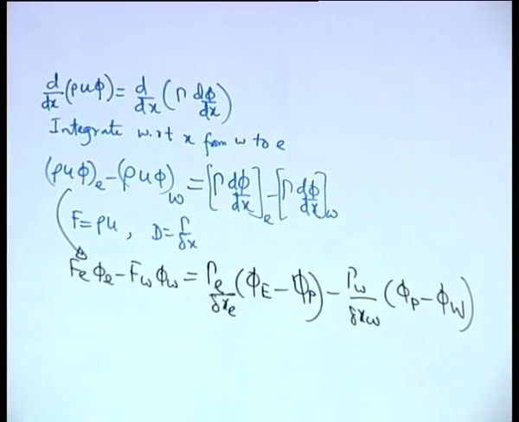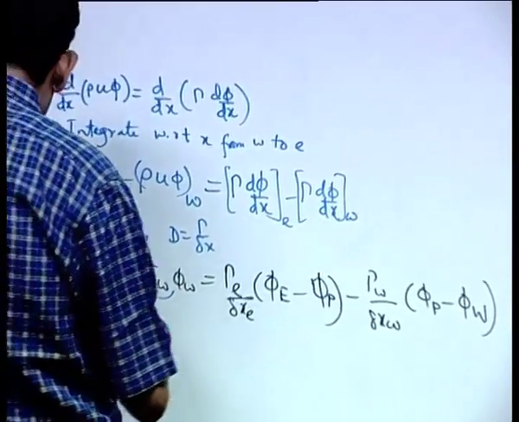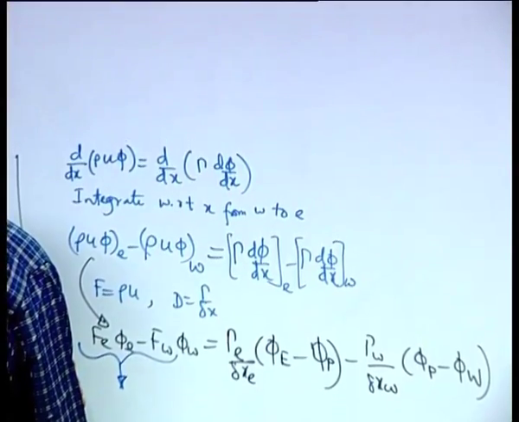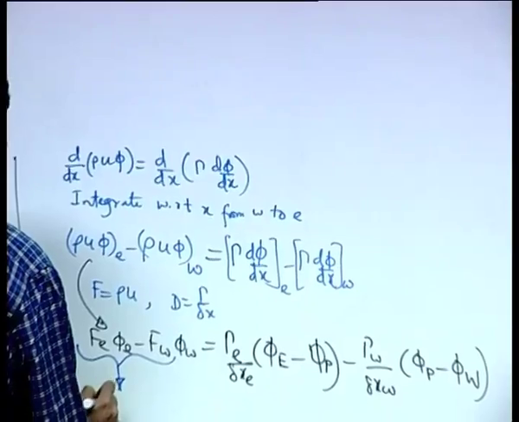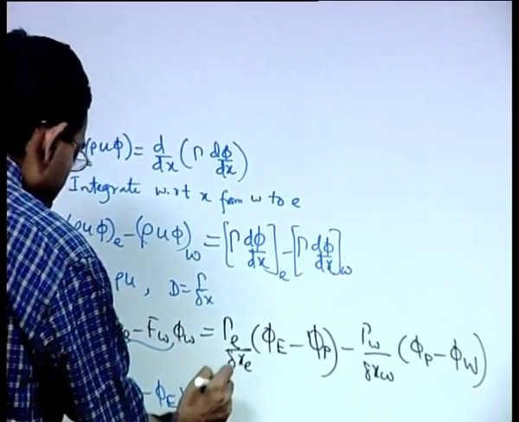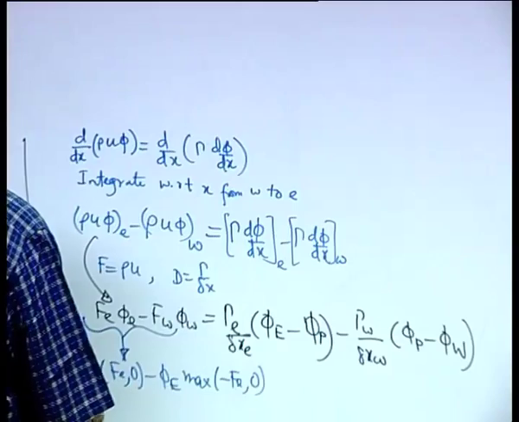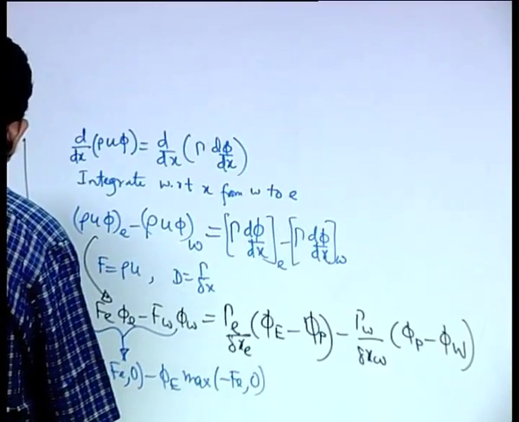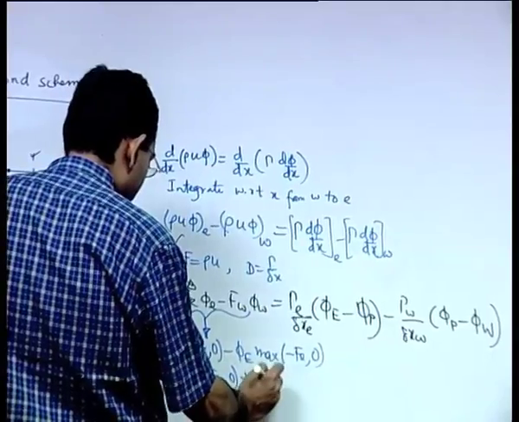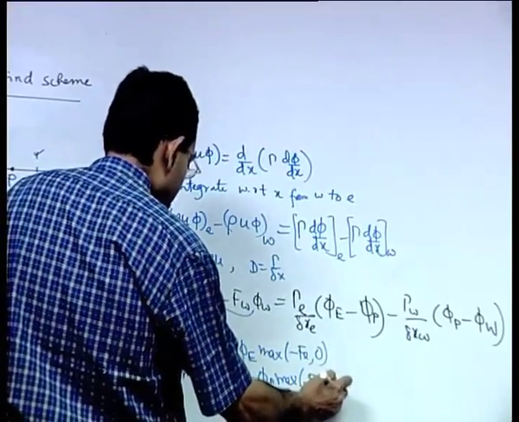so let us write the left hand side in place of this one. We have F_e phi_e as phi_P max(F_e, 0) minus phi_E max(minus F_e, 0), then minus phi_w max(F_w, 0) plus phi_P max(minus F_w, 0).